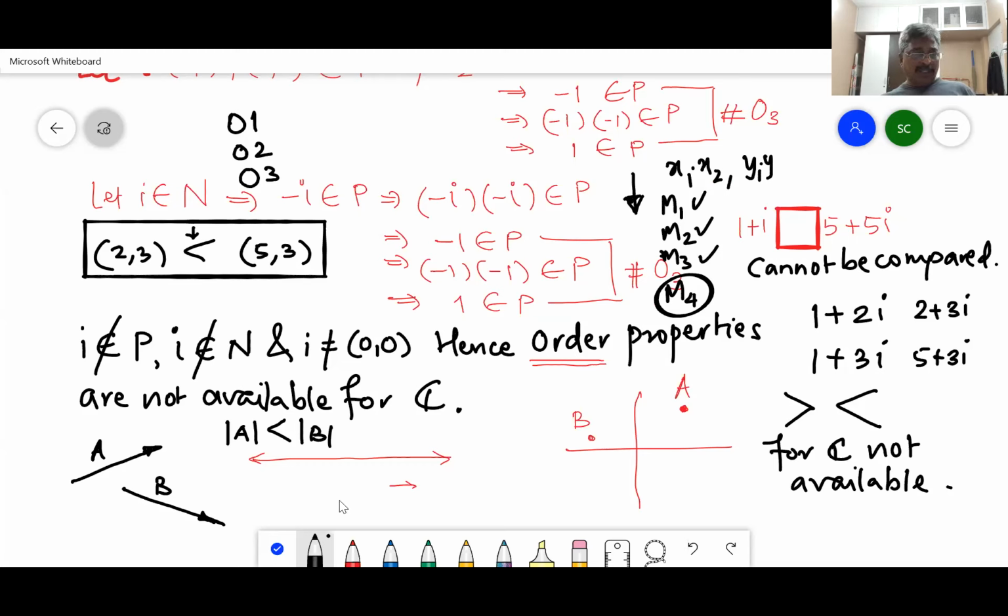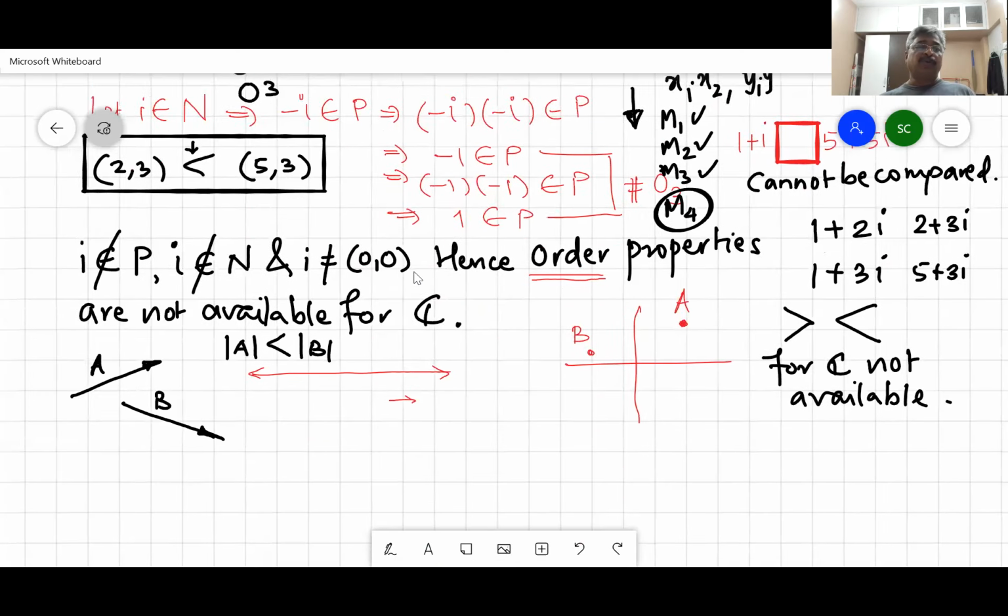Now this length of the vector triggers me to figure out a third notation for complex numbers, and there we will be able to use some inequality, because we wish to use inequality.